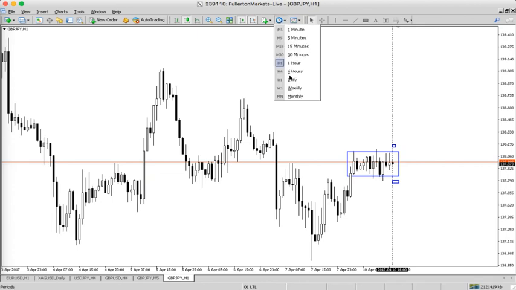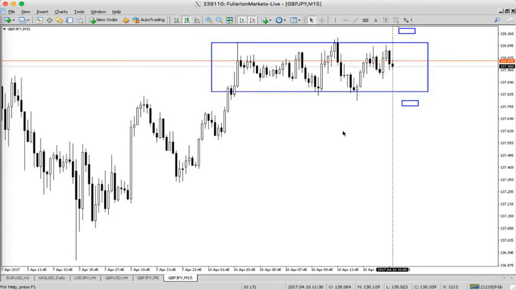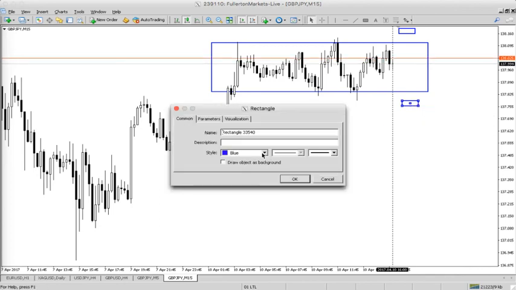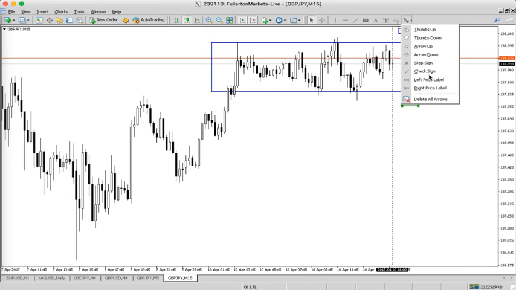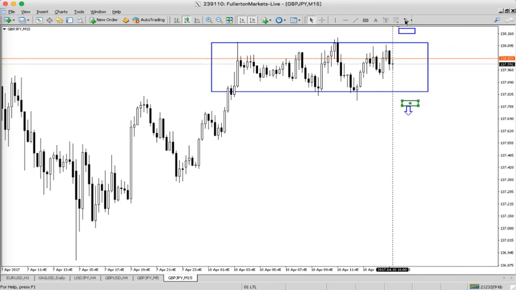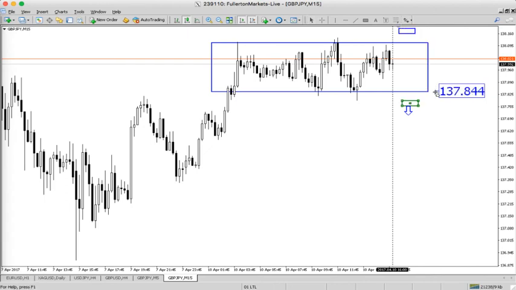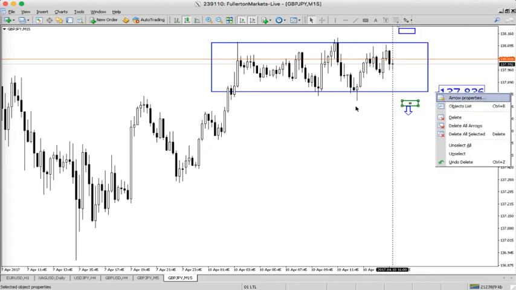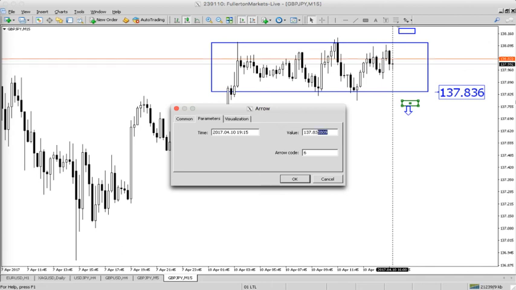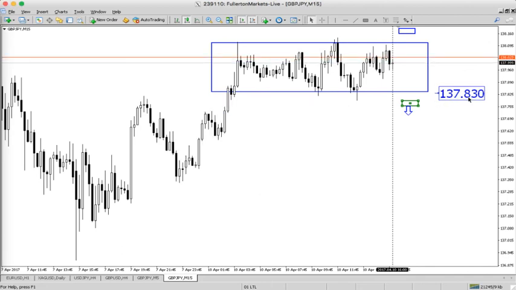But anyway, I'll just focus on one time frame. Over here, this green box would be my criteria to go short if price closes below. Just now on the H1 chart, I would have identified around 137.83, that area.